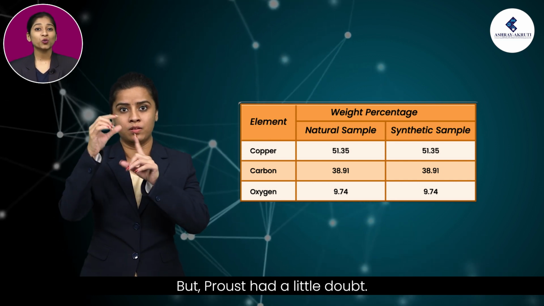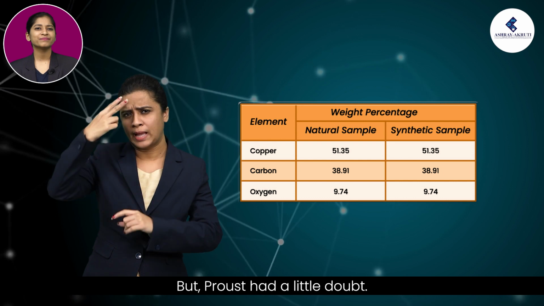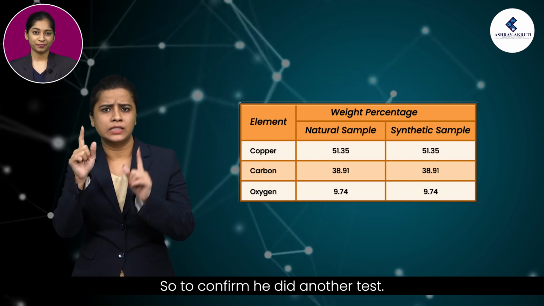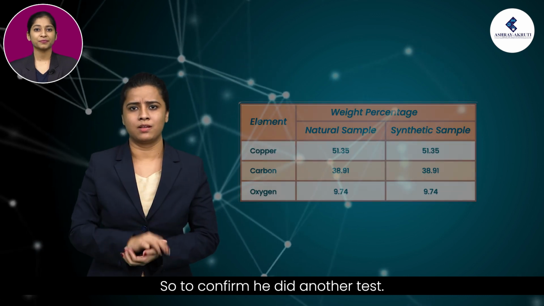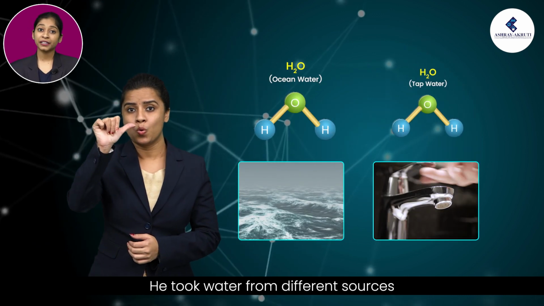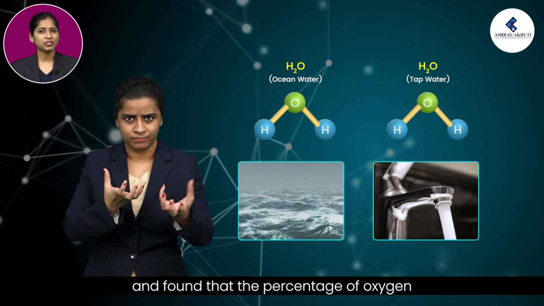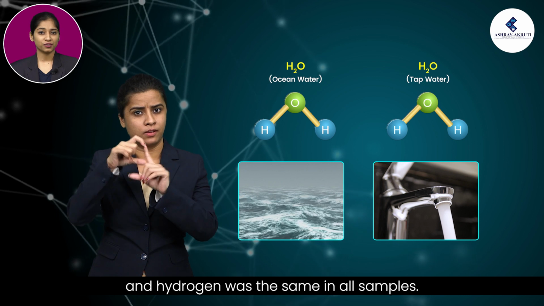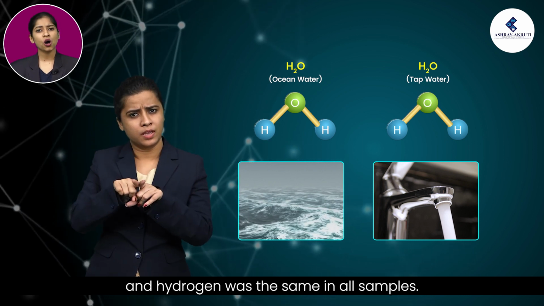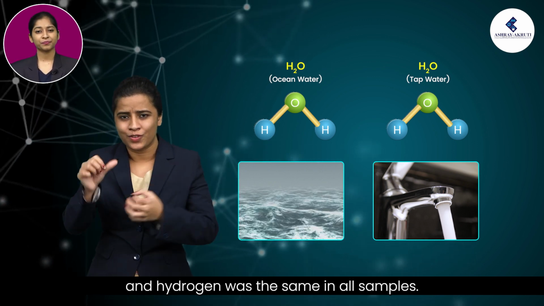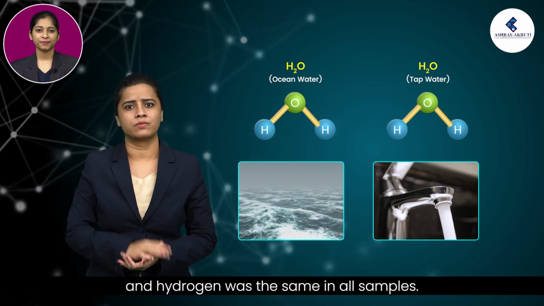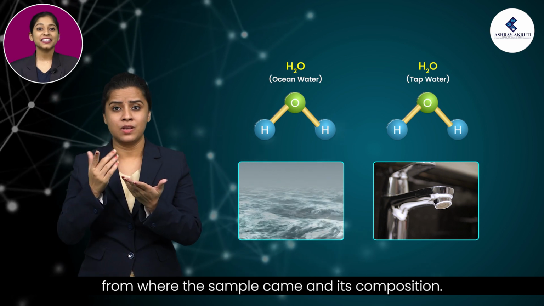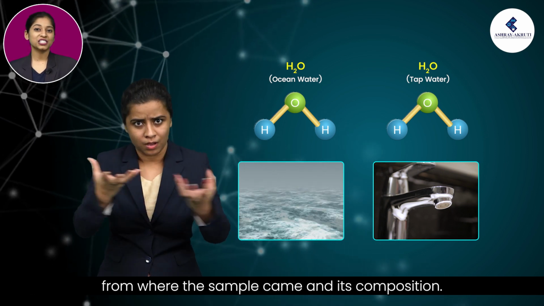But Proust had a little doubt. So, to confirm, he did another test. He took water from different sources and found that the percentage of oxygen and hydrogen was the same in all samples. There was no relation between the place from where the sample came and its composition.